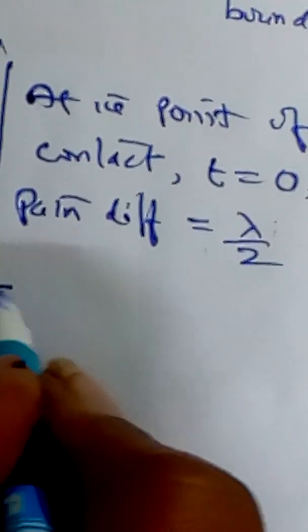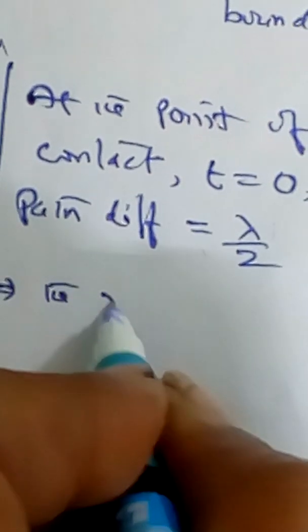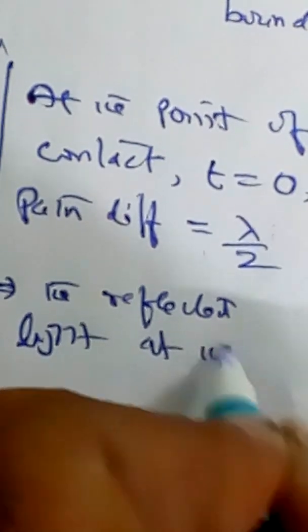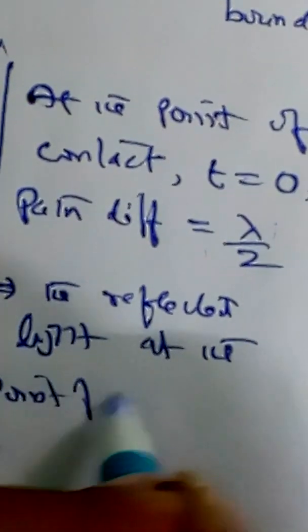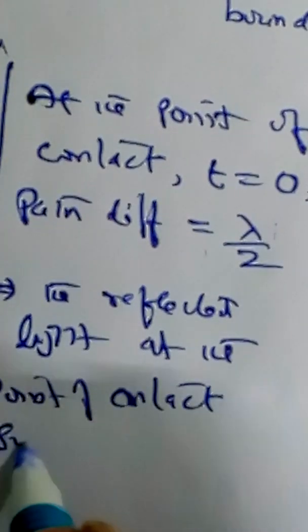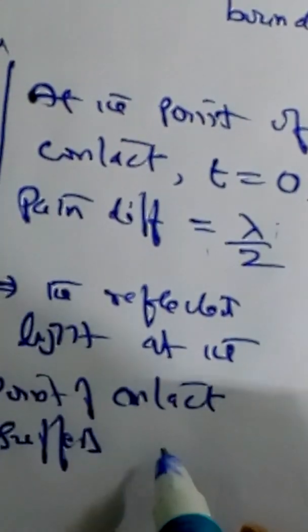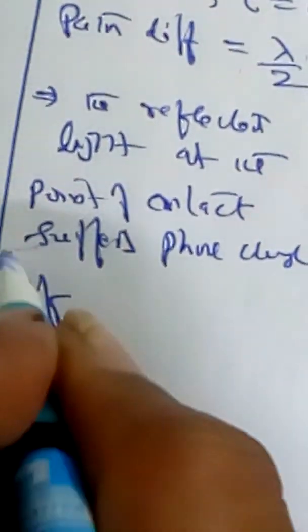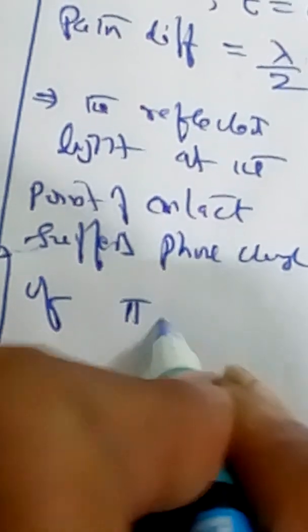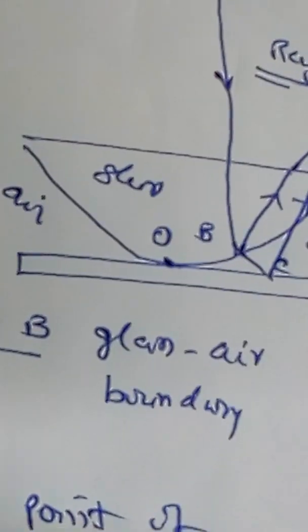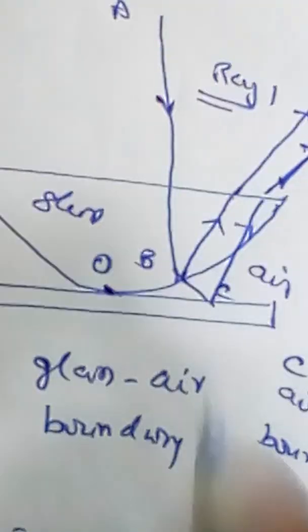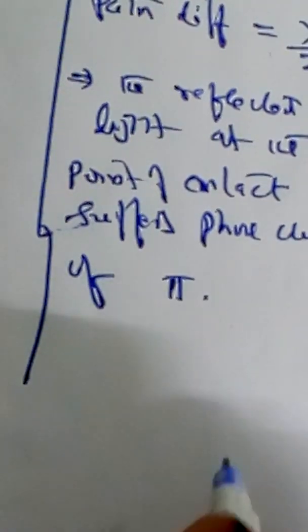Now what does it mean? The reflected light at the point of contact suffers a phase change of pi. See, at the point of contact, here it is contact and the thickness is 0. It is reflecting with a pi change. So the phase change is pi.